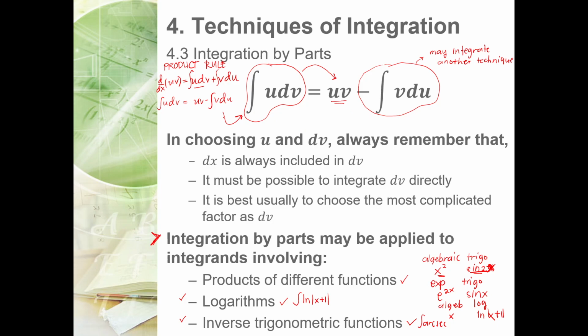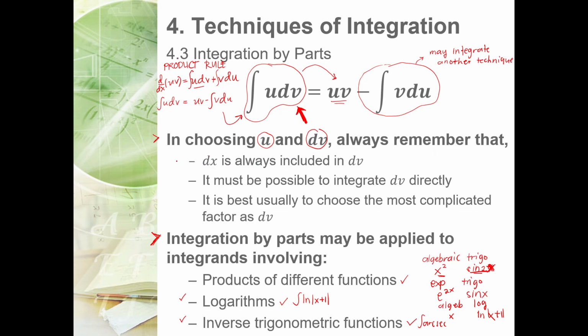All right, so tips in this technique. The process for integration by parts is we need to follow this format here. I'm going to create a bold arrow. We need to choose u and dv so that we can follow the format given above. Since we're going to choose dv and u, the first tip is dx is always included in dv.